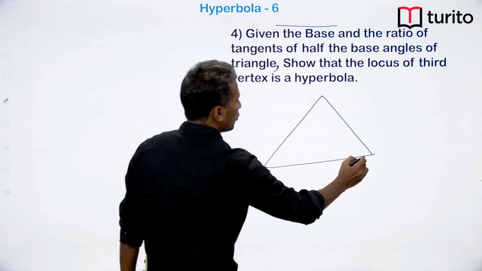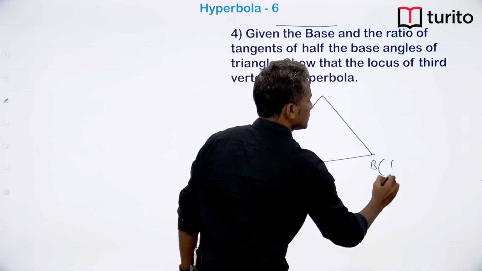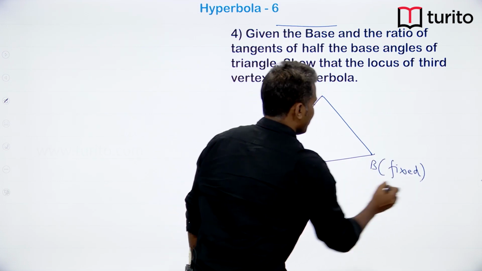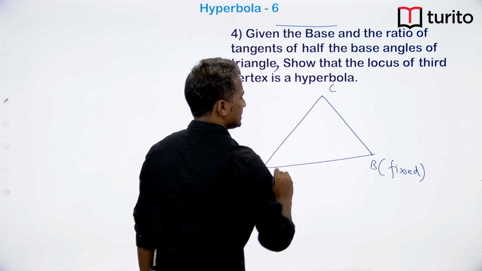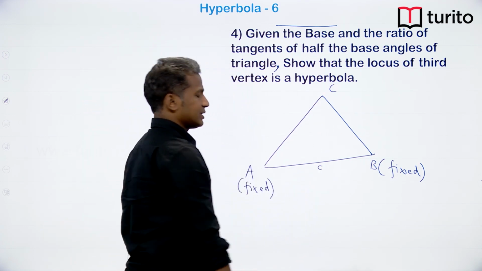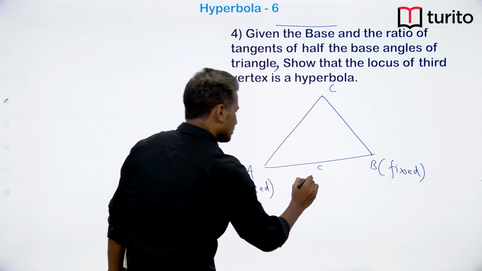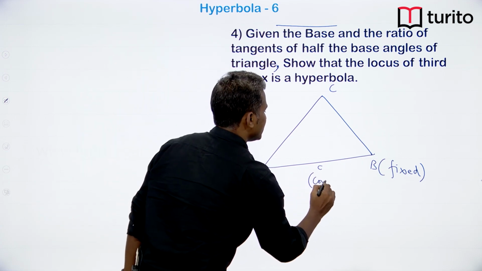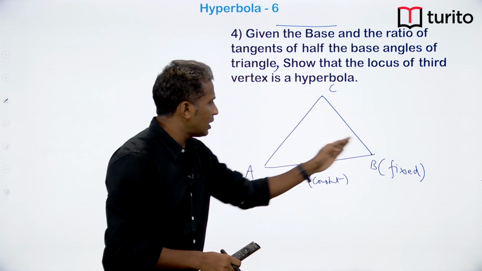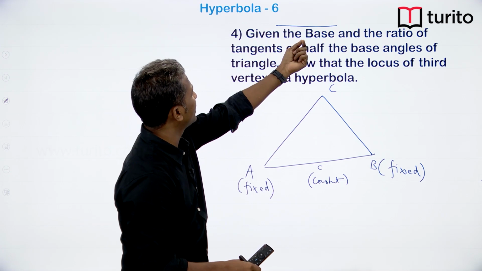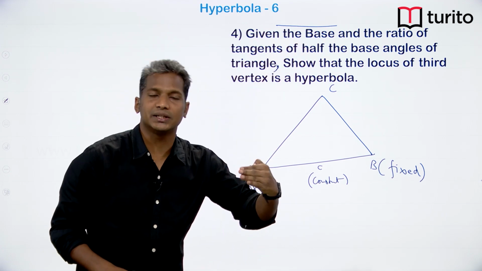Second, this point is also given to you, so it is also fixed, and the length is also given. If I take this point as C, this length is small c. This is also given, that means it is a constant. So, these three values are given in this one single phrase which says given the base.